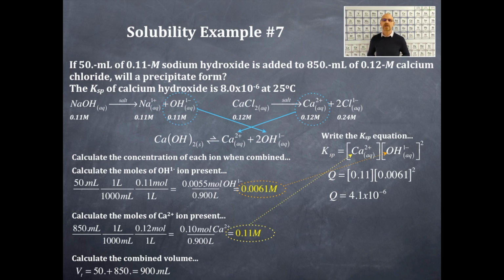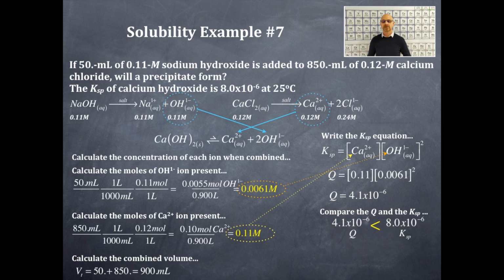Okay? Now what we're going to do is compare the Q and the KSP together. So here's my Q that I just calculated, 4.1 times 10 to the negative 6. My KSP is 8.0 times 10 to the negative 6. So they both have the same exponent. So now I'm just looking at the numbers in front of that, the 4.1 and the 8.0, which one is larger?